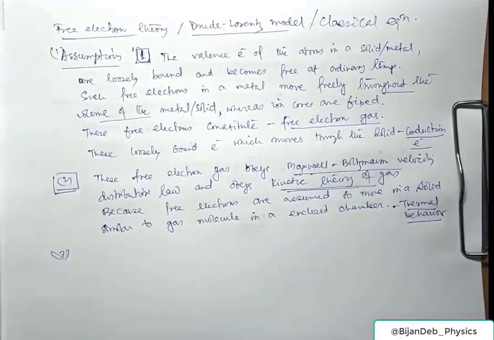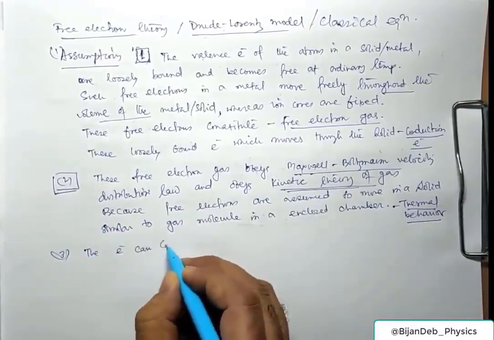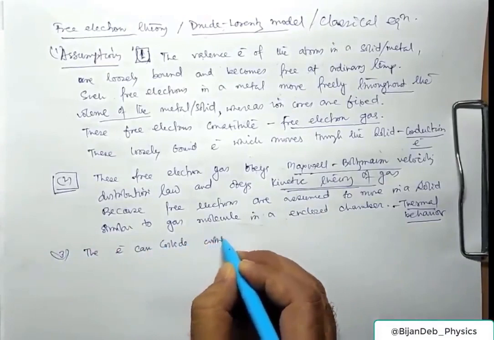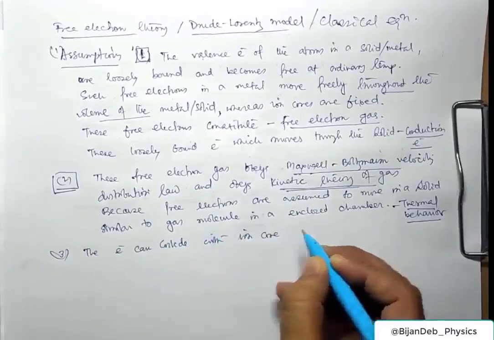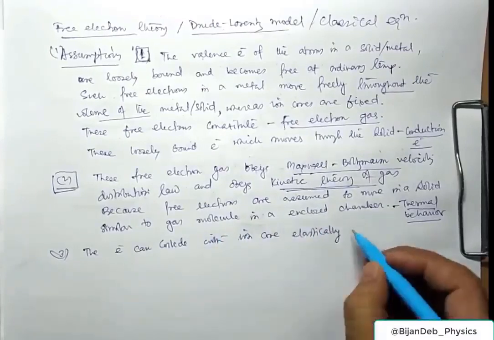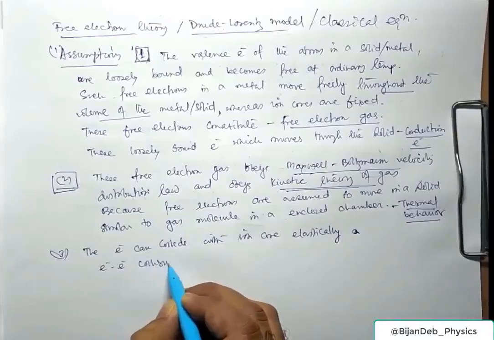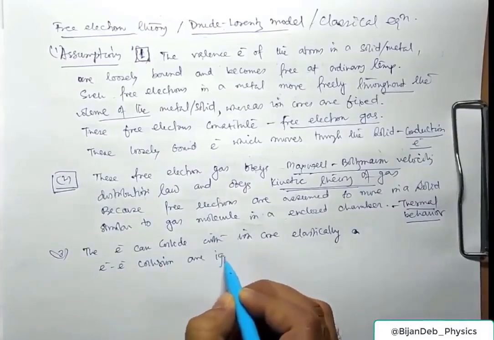Okay. So the electrons can collide with the ion core elastically. So there is no loss of energy. So here electron collisions are ignored.